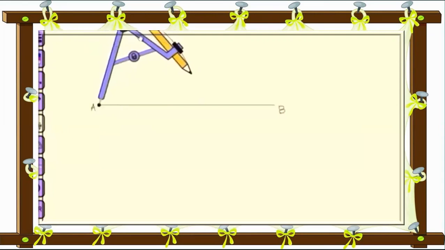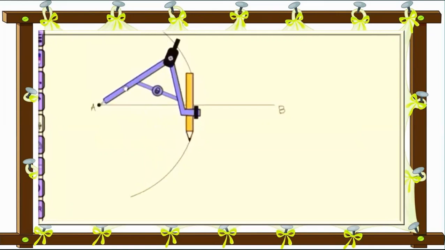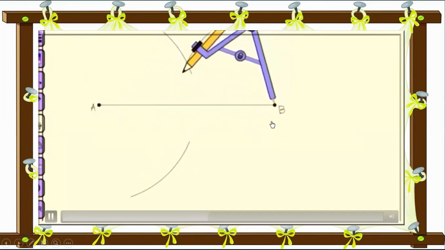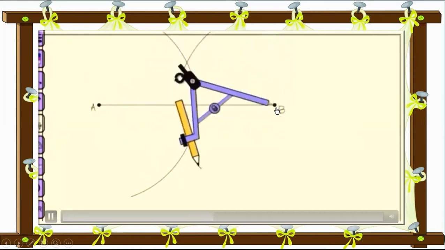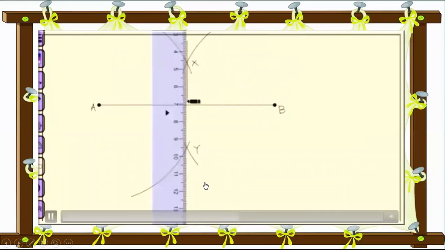Draw an arc above the line and exactly below the line by putting the compass on point A. Using the same length, put the compass on point B and draw the arc, which cuts the first arc on top and in the middle.